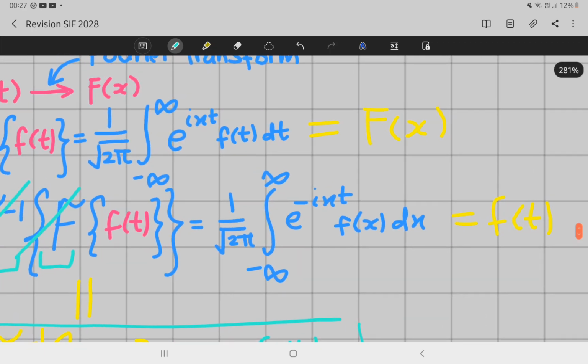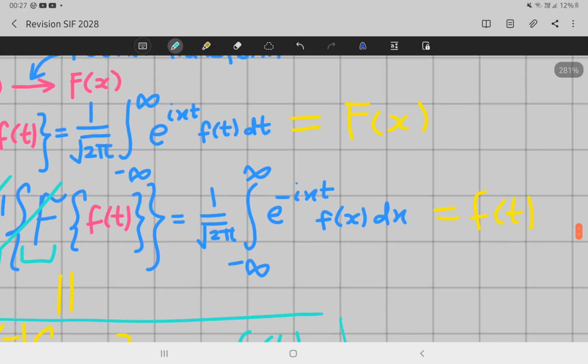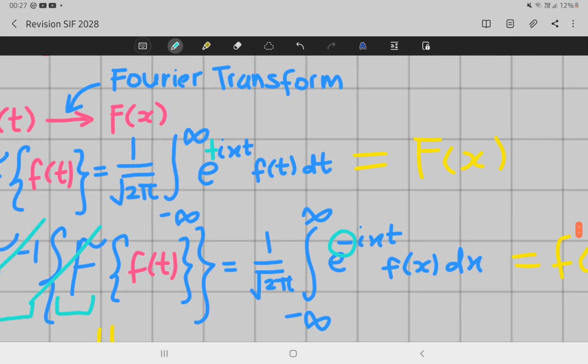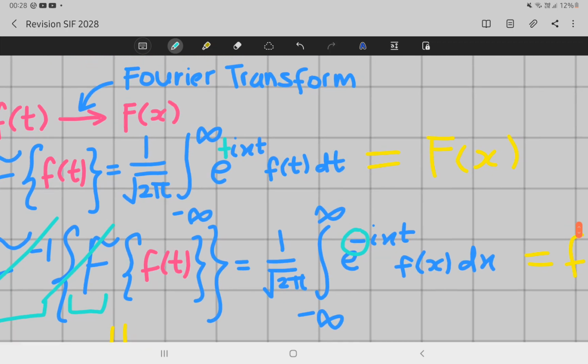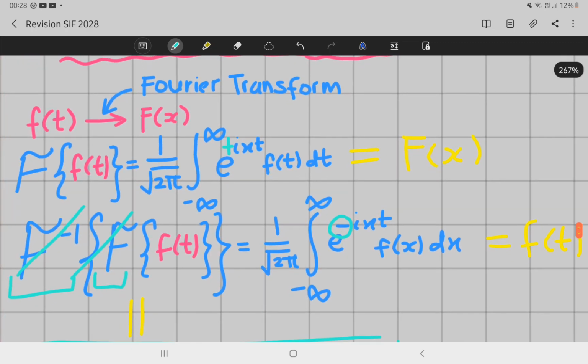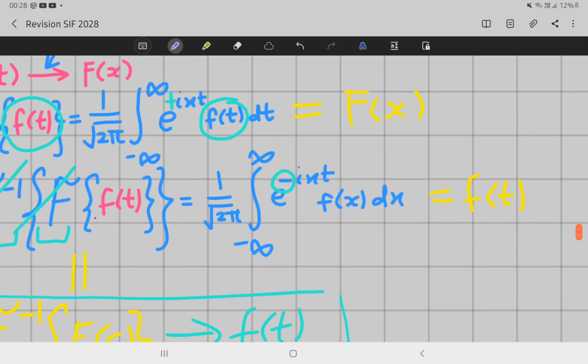One thing you need to pay attention to is that this here is a plus sign and this here is a minus sign. When you are doing the Fourier transform, the function that you are transforming, you will be integrating it like that. Same goes with the inverse Fourier transform, because we want to get f of t.